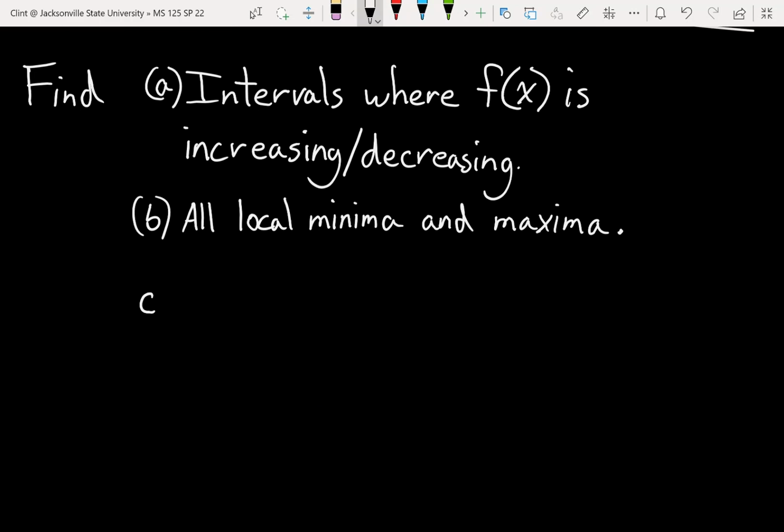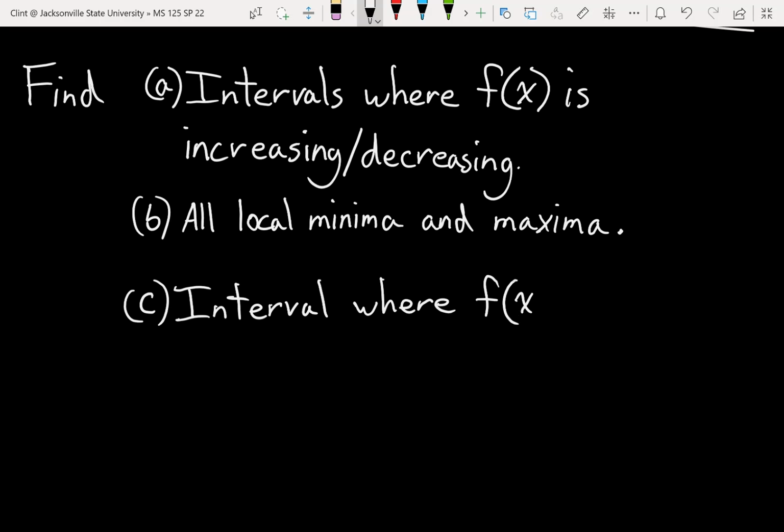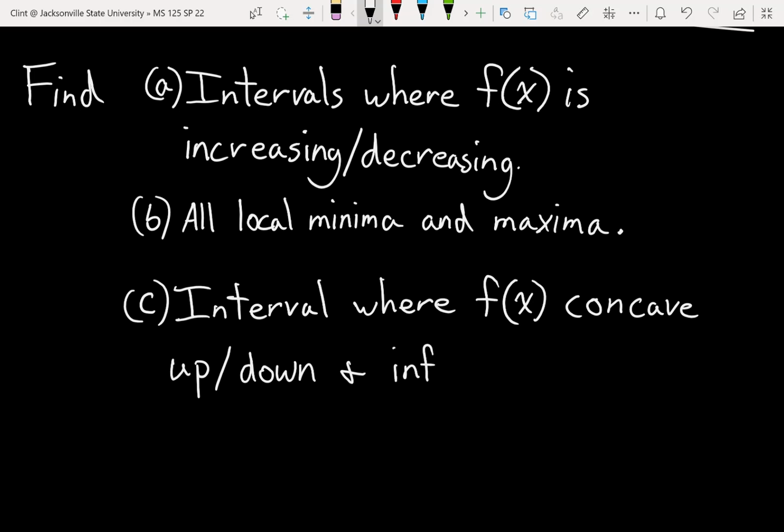And then we want to know intervals where f of x is concave up, concave down. And any inflection points.